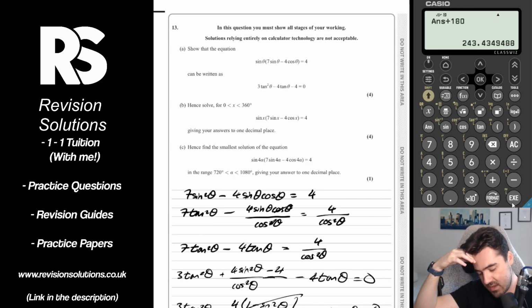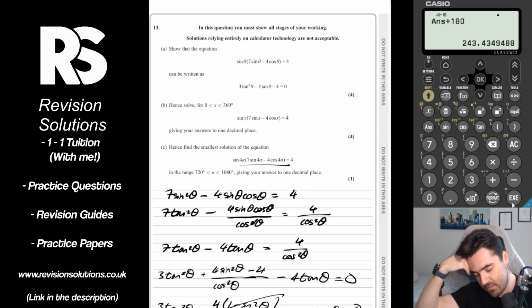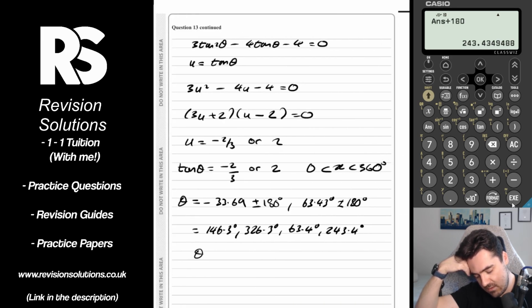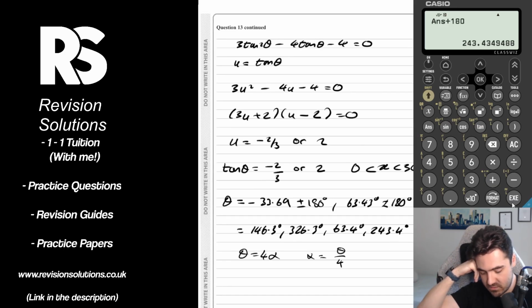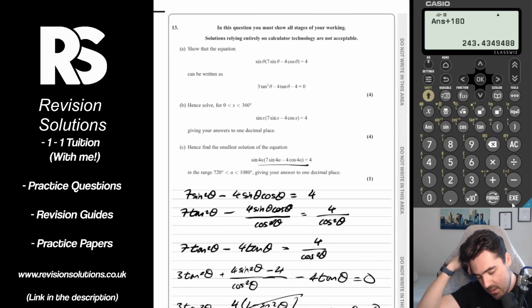Okay, then the last thing is, hence find the smallest solution of this equation. Well, the only difference between that equation and the one we had before is we've changed from theta to 4 alpha. So theta equals 4 alpha, or in other words, alpha is theta over 4. So whatever solution I get for theta, I can just divide it by 4, and it would be a solution for alpha. But we'd change the range of solutions we're interested in as well.